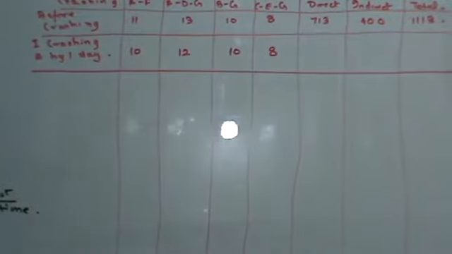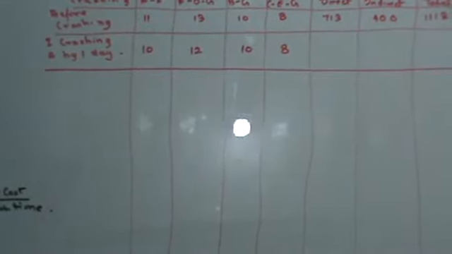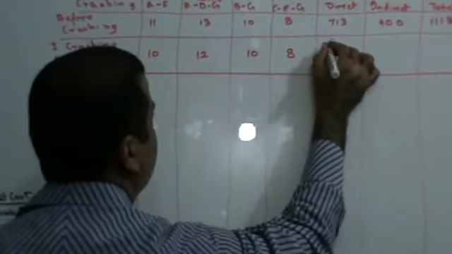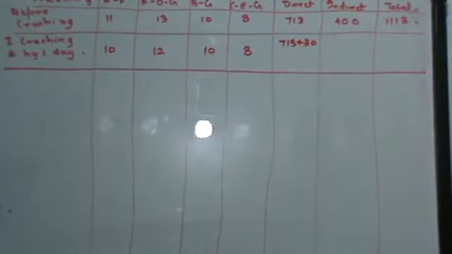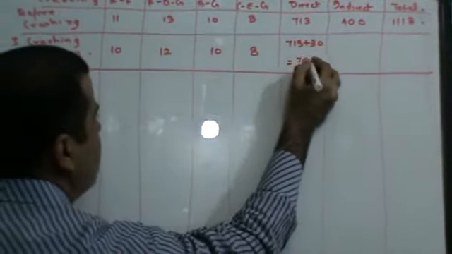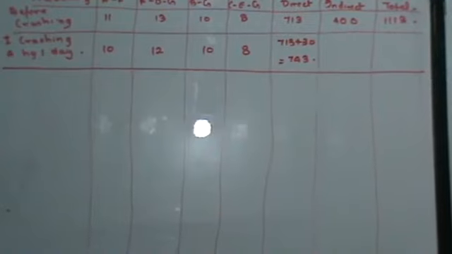Now if I crash A by 1 day, my cost slope is 30 rupees. So this will become 713 plus 30 rupees, which is 743 rupees. My project completion time has been reduced from 13 days to 12 days.